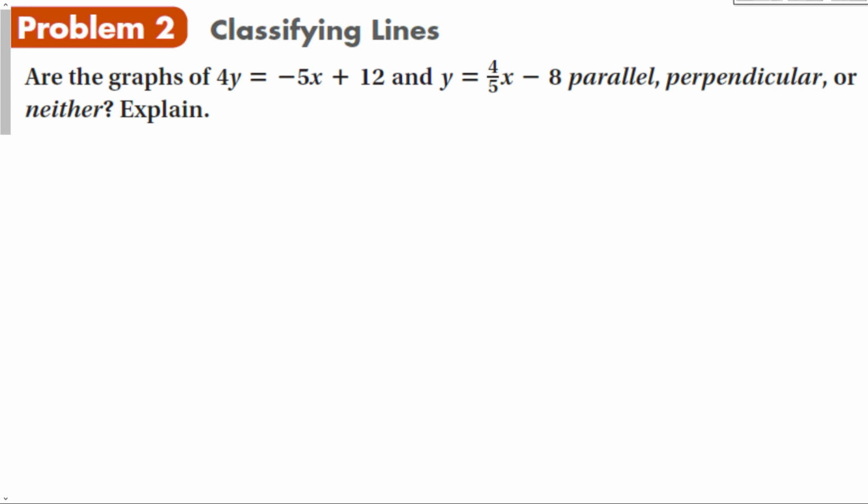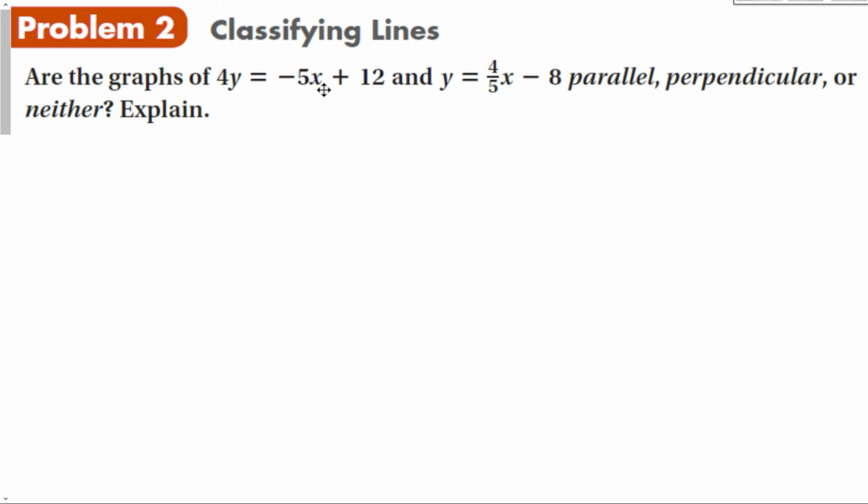So these two lines, 4y equals -5x plus 12, and y is equal to 4/5x minus 8. Are they parallel, perpendicular, or neither? So before I can tell, I need to get them both into the same form. So I'm going to put the second line right here, it happens to be in slope-intercept form already.